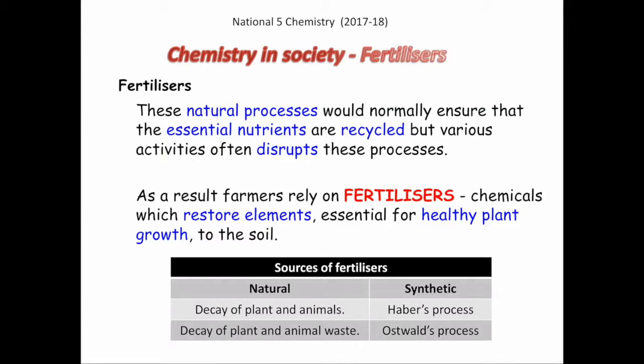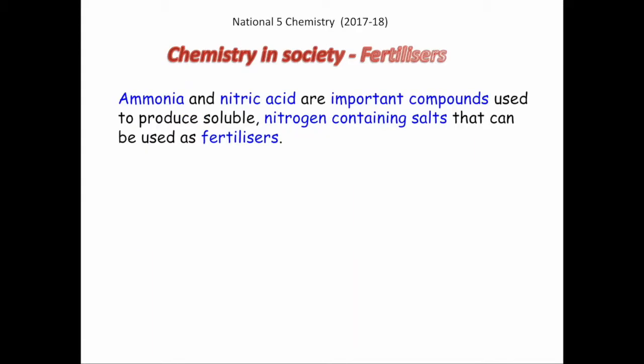The natural process for nitric acid is decay of plant and animal waste, whereas the synthetic process for it is the Ostwald process. Ammonia and nitric acid are important compounds which are used to produce various soluble nitrogen containing salts that can be used as fertilizers, absorbed by the plant for its healthy growth.